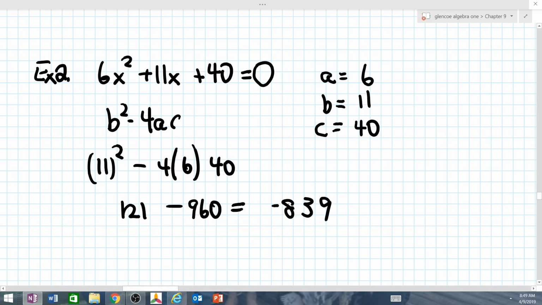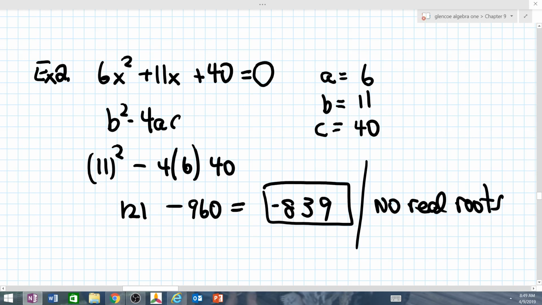Did anybody get what I got? Negative 839? Based on that, how many real roots are there? No real roots. Anybody have a question? Okay, last one.